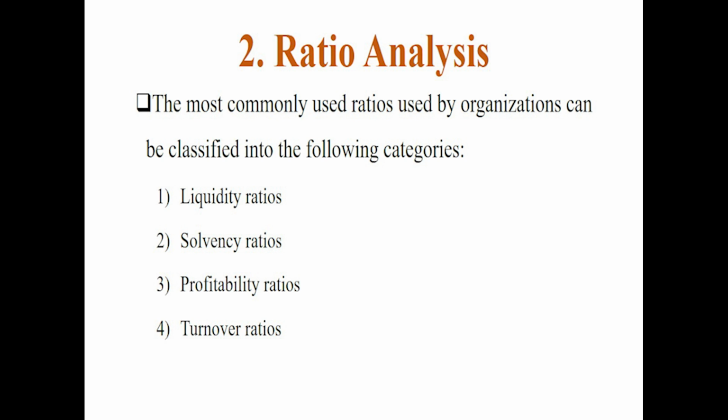So, first, calculating whether a particular investment will be fruitful for us or not can be seen through return on investment. Next is ratio analysis. Most commonly used ratios by organizations are liquidity ratio, solvency ratio, profitability ratio and turnover ratio.